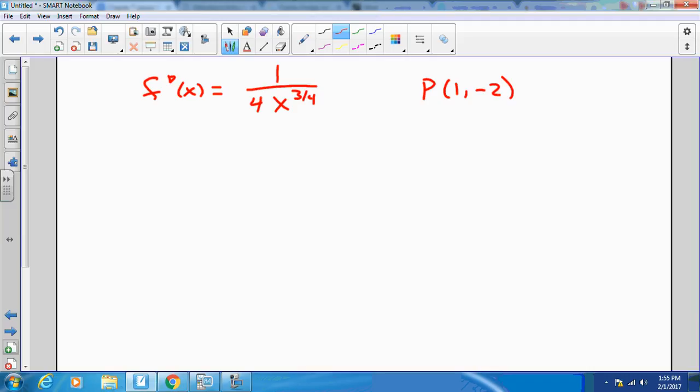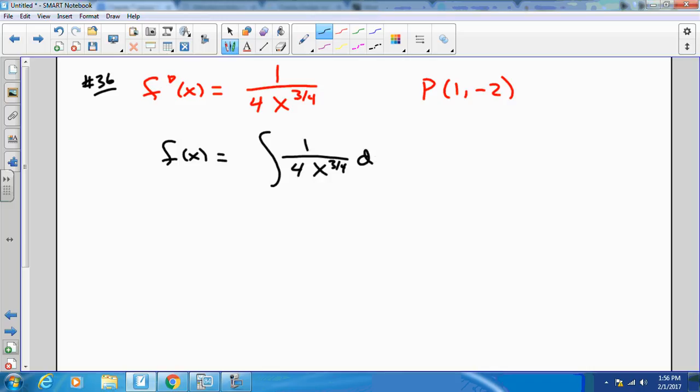This is number 36, I believe. And so they want us to find f that satisfies these conditions. So we begin with our representation.